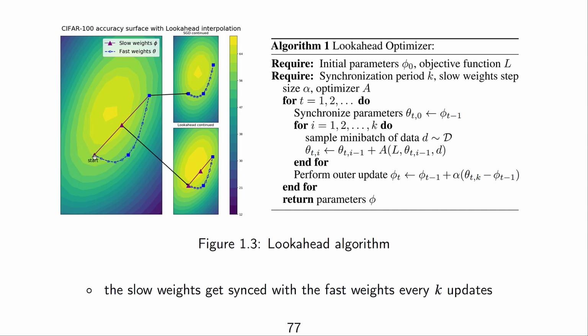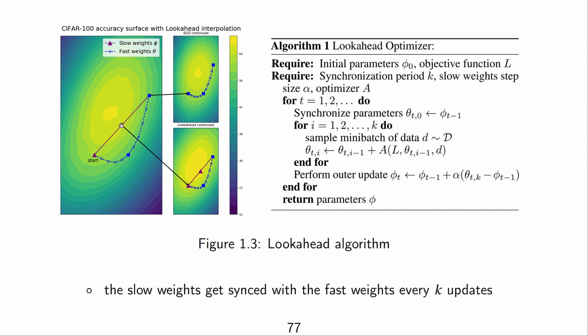Alright, the idea is very simple. We start at one particular point, and then we make k steps using the fast weights. And so we'll just make these steps, next step, next step, next step, next step, okay, move. And after k steps, we end up here. And what we do then is we create a linear interpolation between this slow weight point that we started out from and the fast weight point where we ended after k steps.